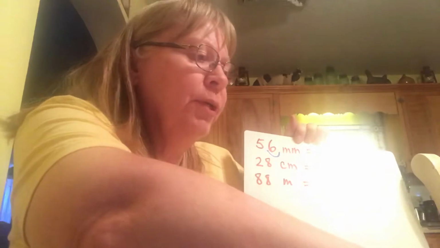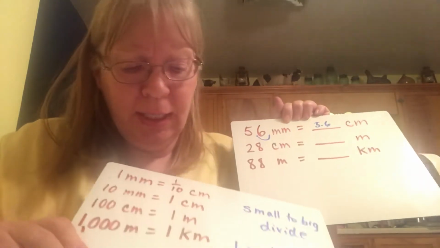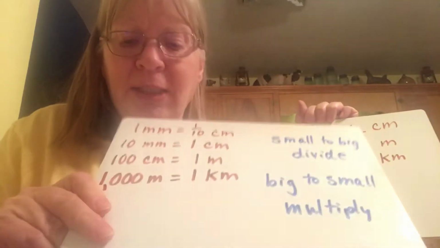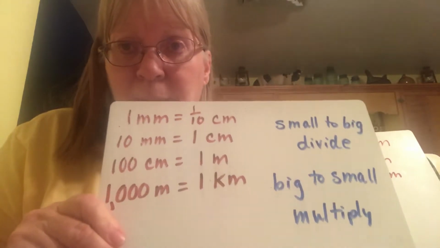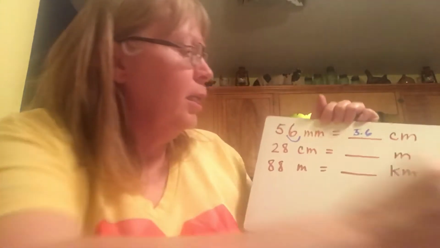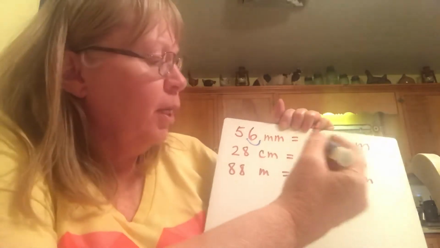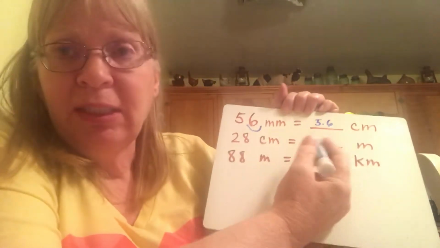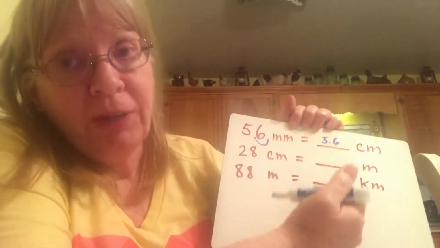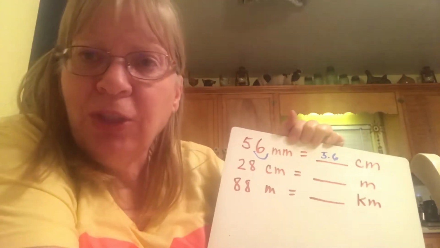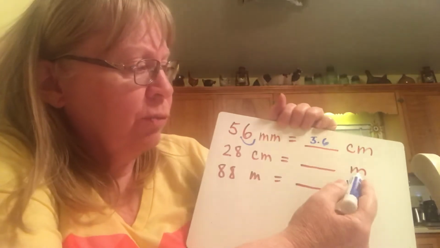Okay, all right, now I'm going from centimeters to meters. And if you remember, it takes 100 centimeters to make 1 meter. So I'm going from small to big, so I'm going to divide again. It takes 100 of these just for 1 of those.